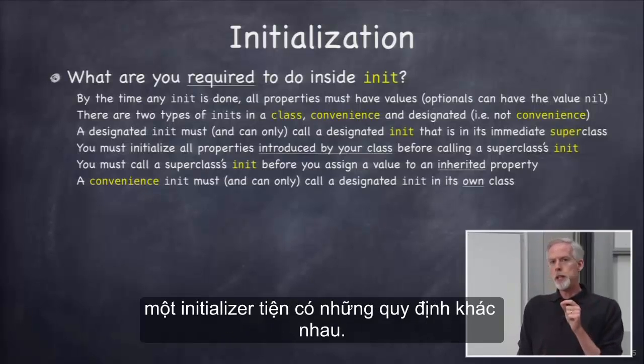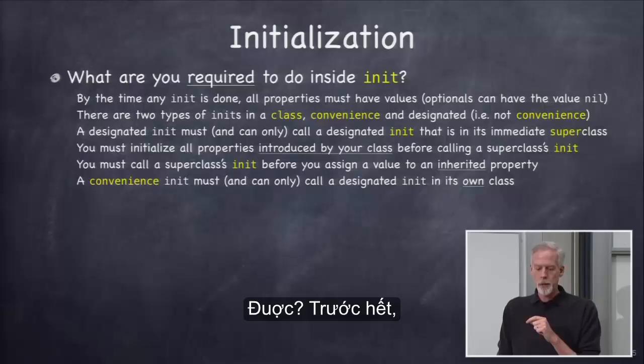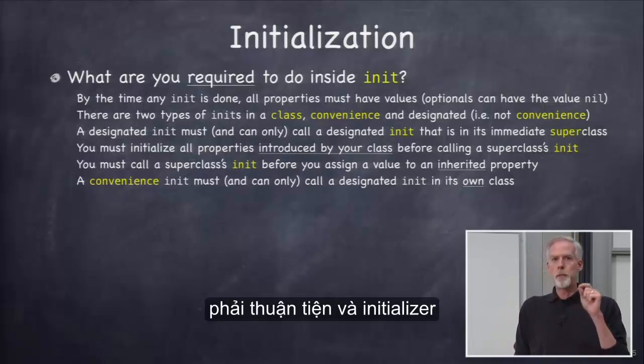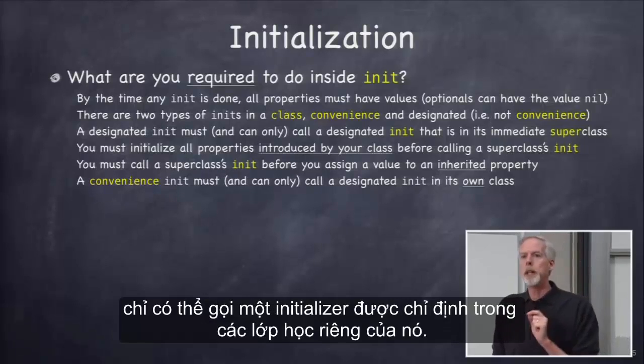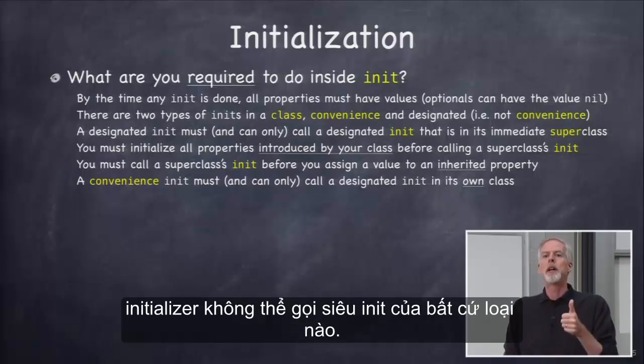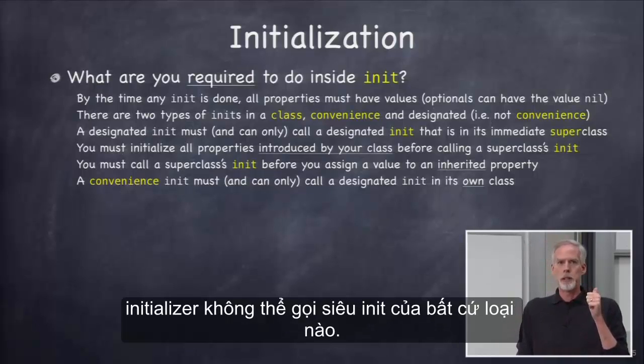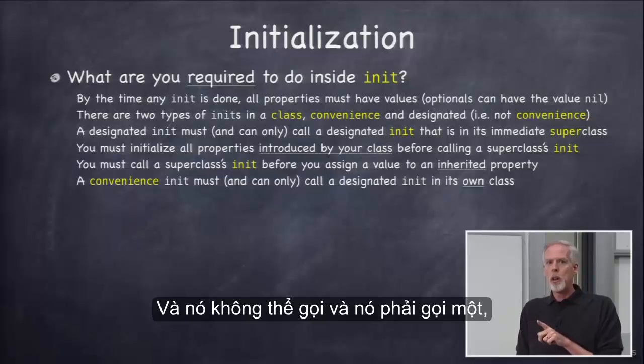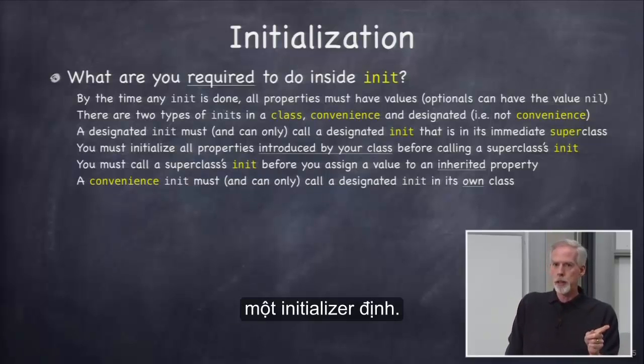All right, now a convenience initializer has different rules. First of all, a convenience initializer must and can only call a designated initializer in its own class. A convenience initializer cannot call super init of any kind. It must call a designated initializer.